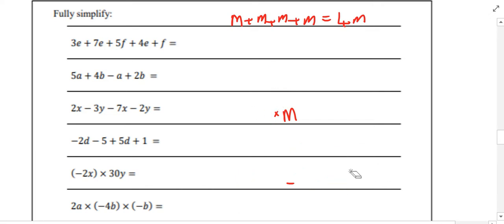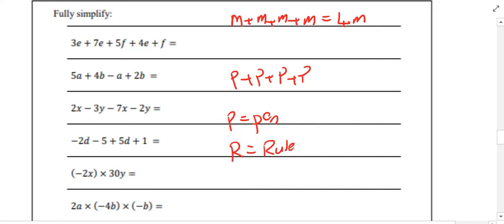Now, if we, for example, on our desks have 4 pens, so p represents a pen, and we have some rulers, let's say we have 2 rulers, we can collect like terms only.